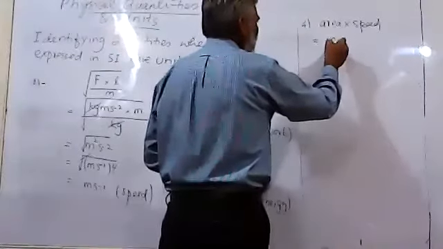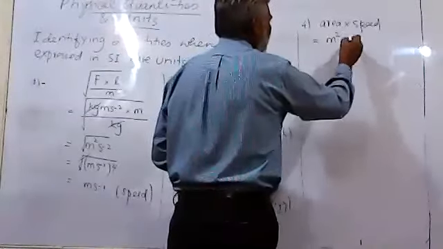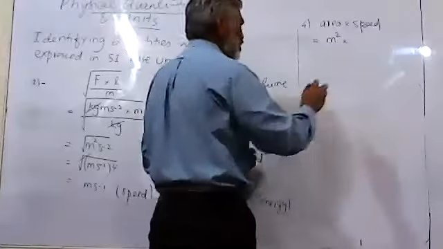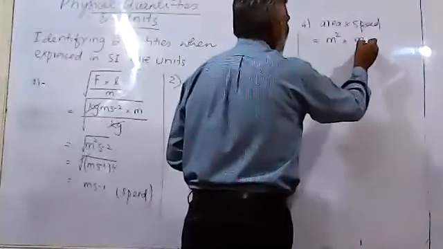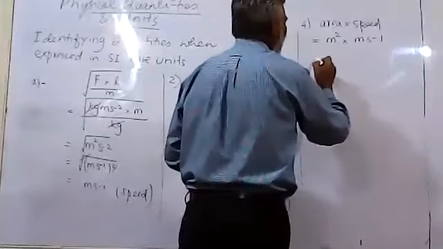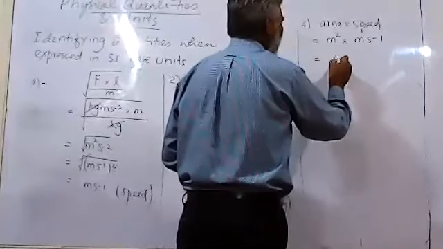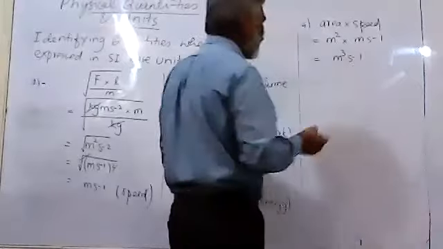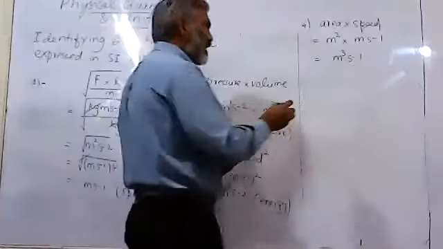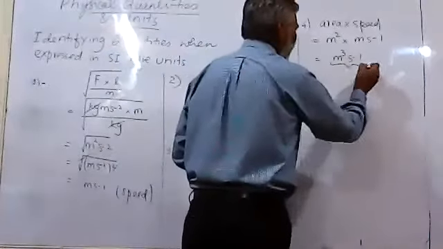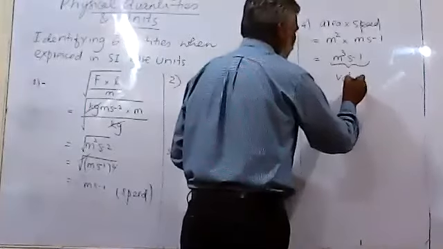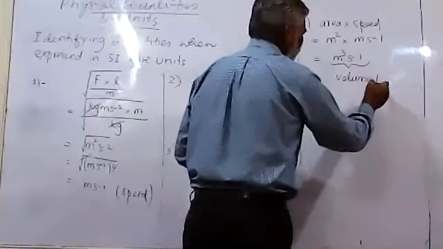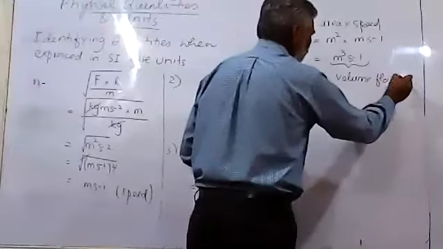Area is meter square and speed is meter per second. So this becomes meter cube per second. What quantity is it? This is known as volume flow rate of a fluid. Volume flow rate.